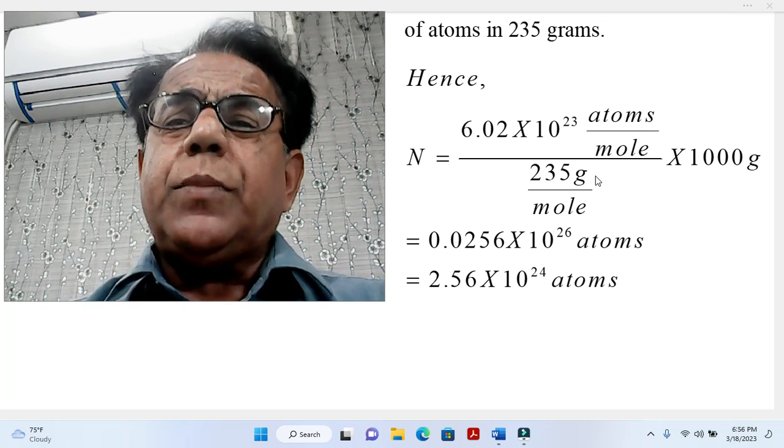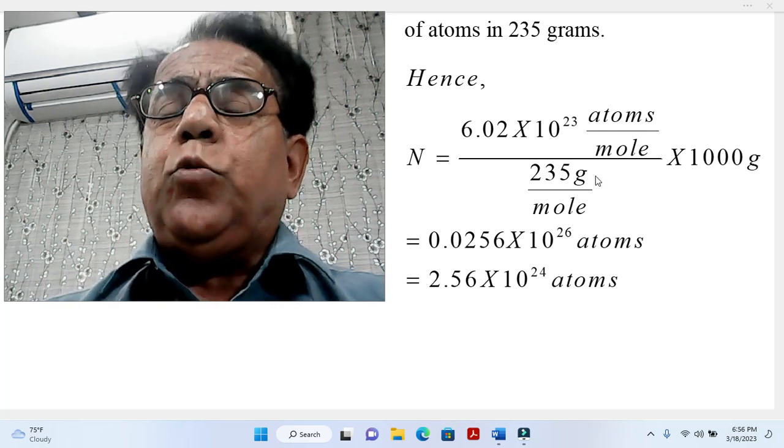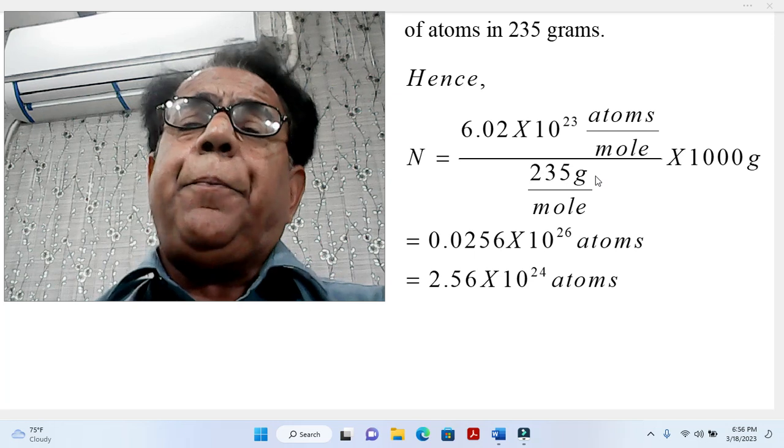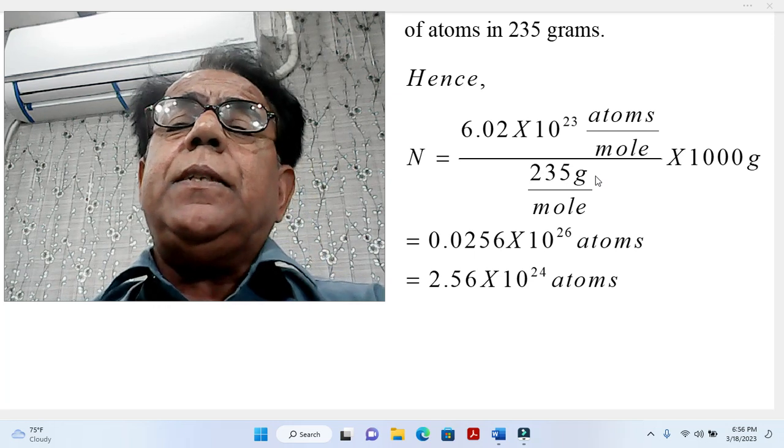So here, in place of 1 kilogram, we are using 1000 grams, so that gram will be cancelled out with gram, which is with 235.